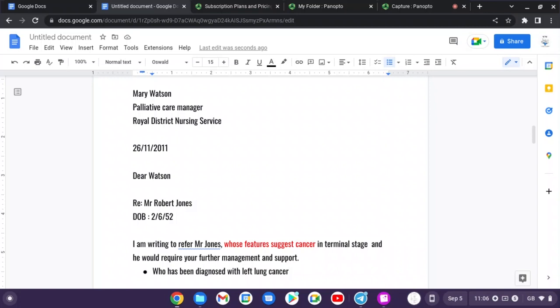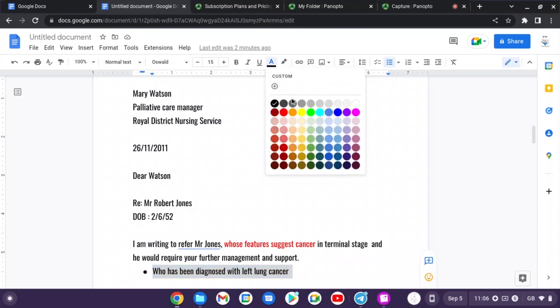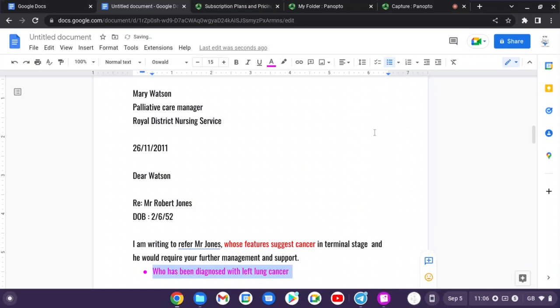In the introduction, you have to write the purpose of the letter, which is that he requires further management and support from your center. That is what the writer wants from the reader of this letter. Then you can put it in a different color, that's a good suggestion.